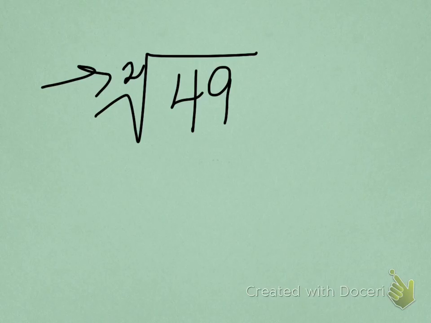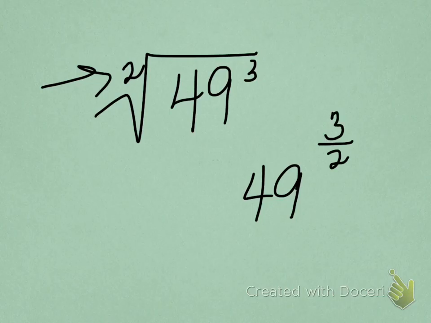So if there is not an index, it's automatically 2. So in this example, if I wanted to make this into a rational exponent, let's say that's cubed, I would say this is 49. Again, the index goes as the denominator, and the power goes as the numerator. So that would be that answer.